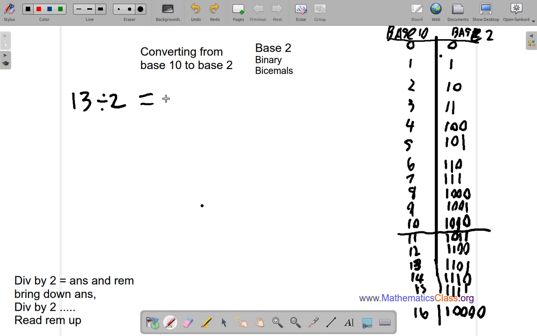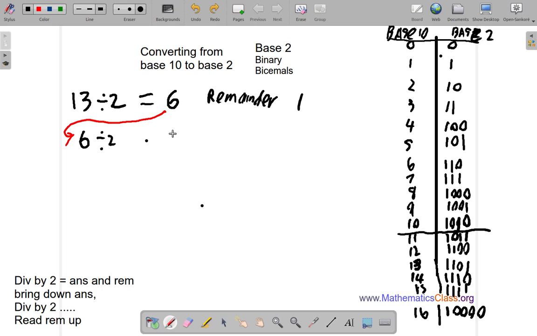2 into 13 goes 6 times, and the remainder is 1. So in 13 there are 6 2s and 1 left over. Then you bring down the answer. So I'm going to bring down this 6 and put it right here. Repeat the process.